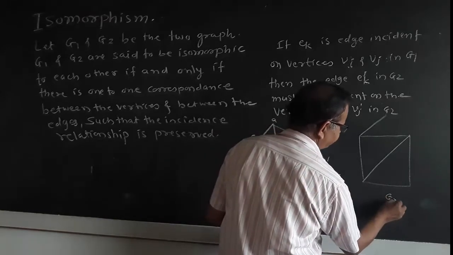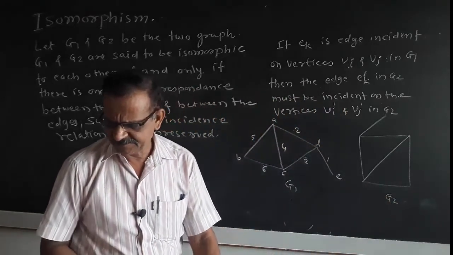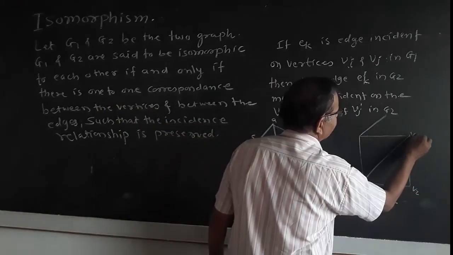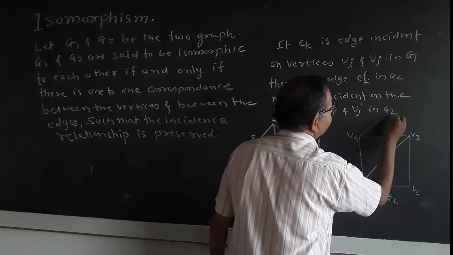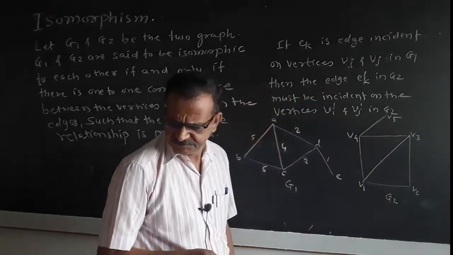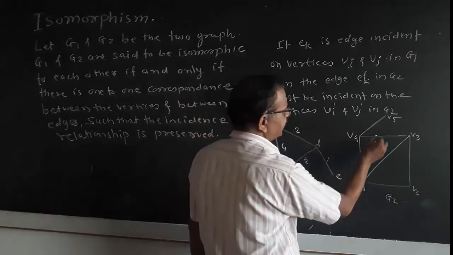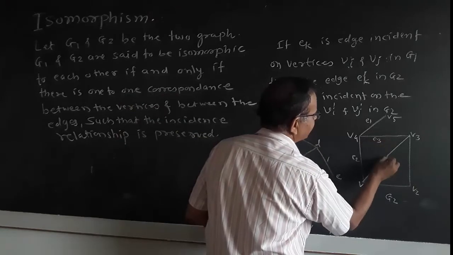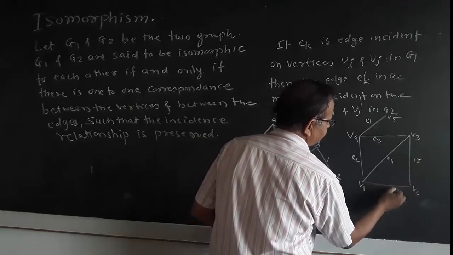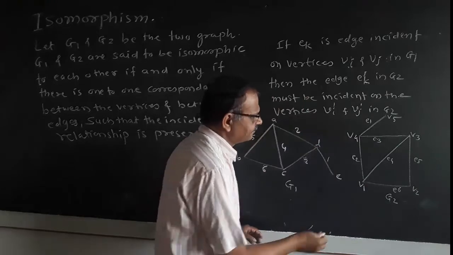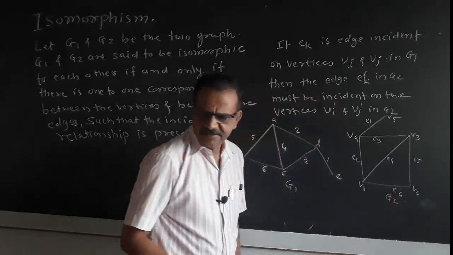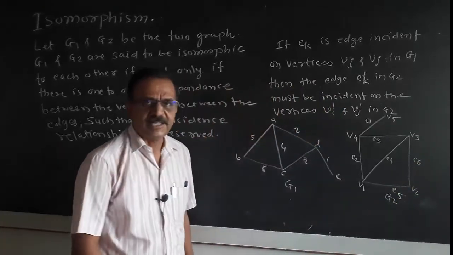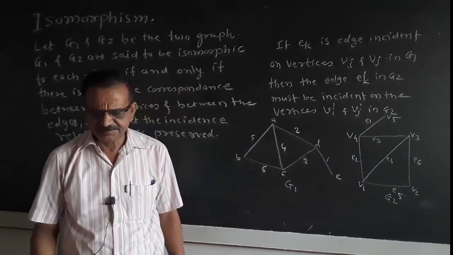This is the graph G2. The vertices of this graph are V1, V2, V3, V4, V5, and the edges are E1, E2, E3, E4, E5 and E6. These are the two graphs, G1 and G2.